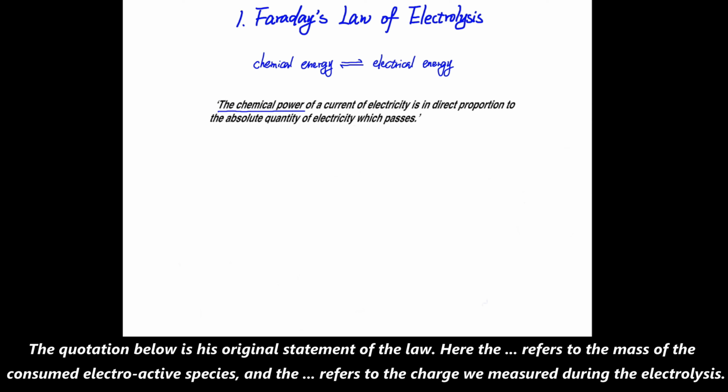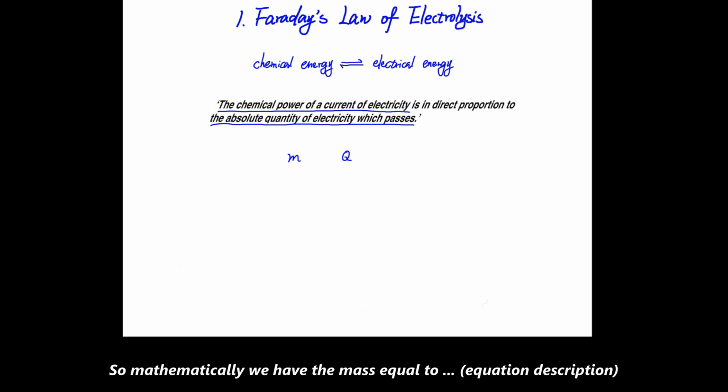Here, the chemical power of a current of electricity refers to the mass of the consumed electroactive species, and the absolute quantity of electricity which passes means the charge we measured during the electrolysis. So mathematically, we have the mass equal to the molar mass of the electroactive species divided by the product of the charge number of the species and the Faraday constant.